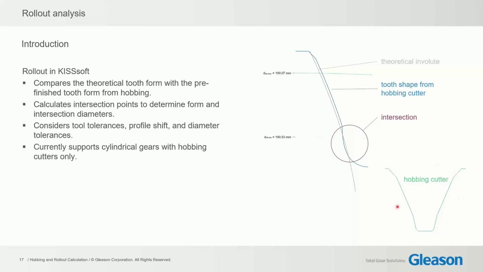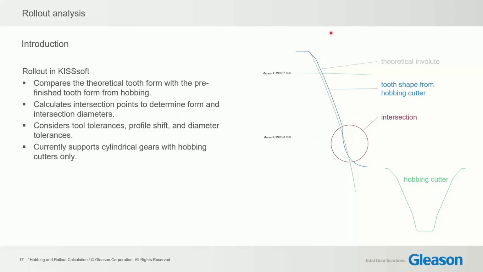We define the hobbing cutter based on the tolerance conditions we saw before. We generate the pre-finishing tooth form, which would be the blue one. We add a theoretical involute for the grinding, and then we are checking different diameters, as we will see in the graphic, to see if our manufactured gear still meets the desired requirements from the original design.